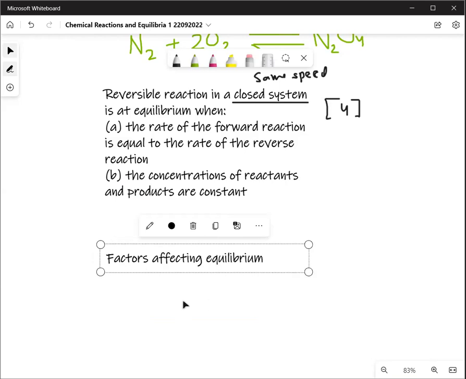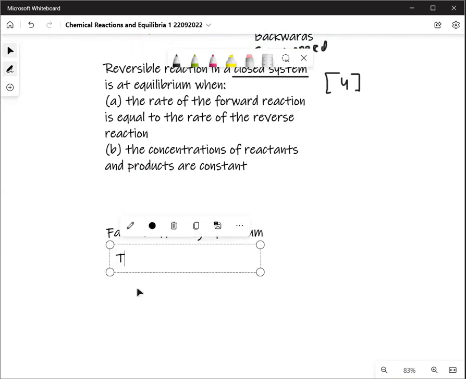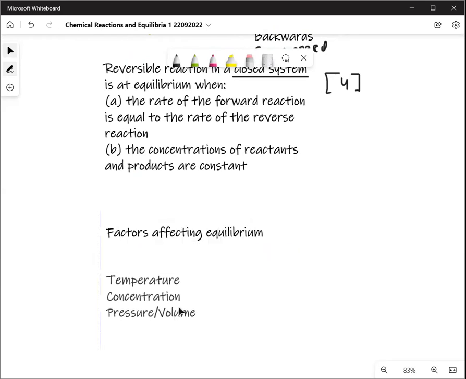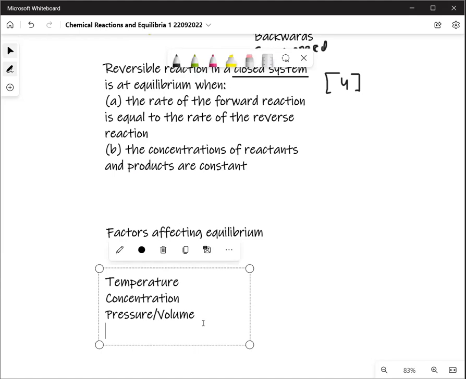The factors affecting equilibrium are temperature, concentration, and volume. Not volume, pressure. Well, volume and pressure are the same thing, they're together. Should I write it?